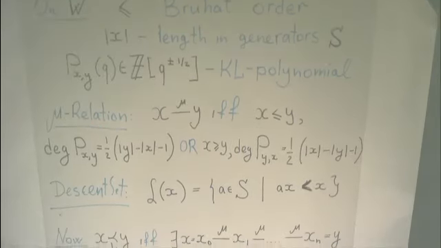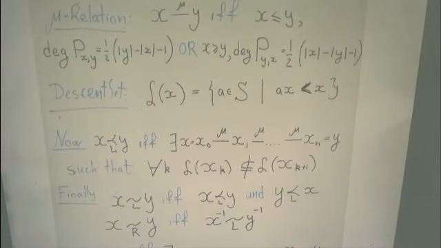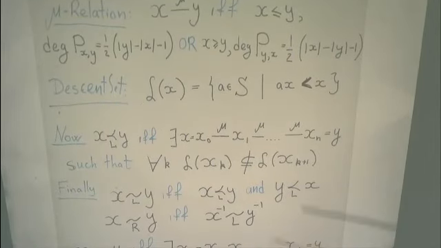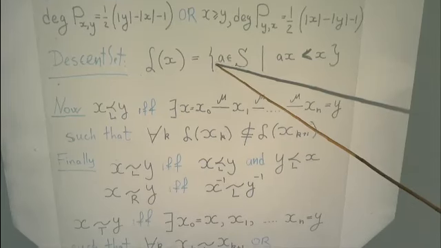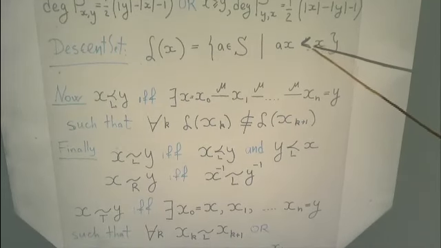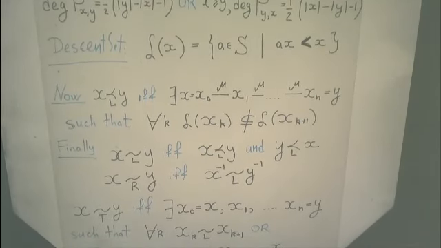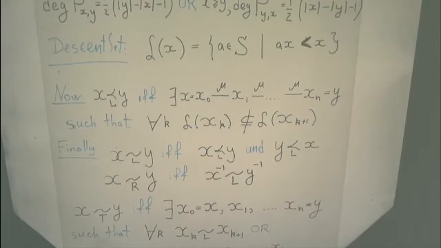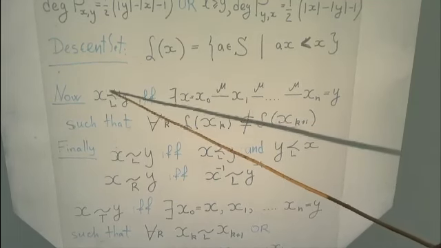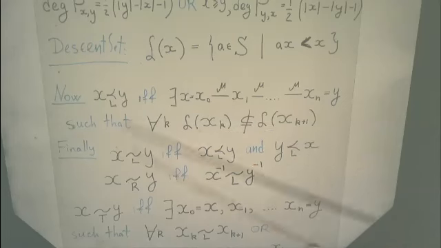Then we need descent sets, and this is very easy. These are all simple reflections which decrease the element if you multiply on the left. That's why it's called the left descent set. And then one can define the Kazhdan-Lusztig preorder.